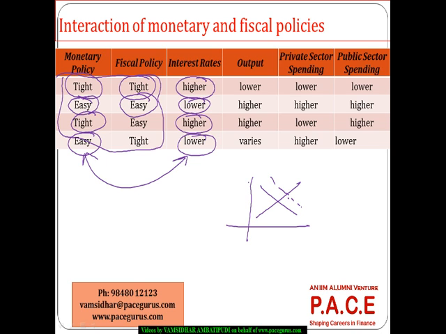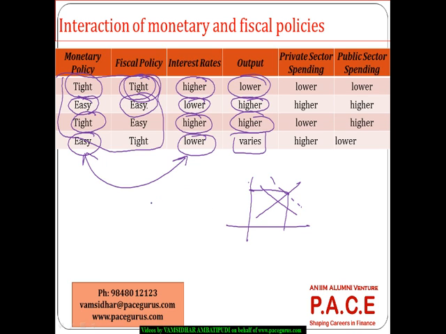So in any expansionary fiscal policy, we see that the output is increasing, and even the prices are increasing. So inflation is increasing, the output is also increasing. So with an expansionary fiscal policy, I see that the output is higher, and with a contractionary monetary policy, the output is lower. This I will come back to.